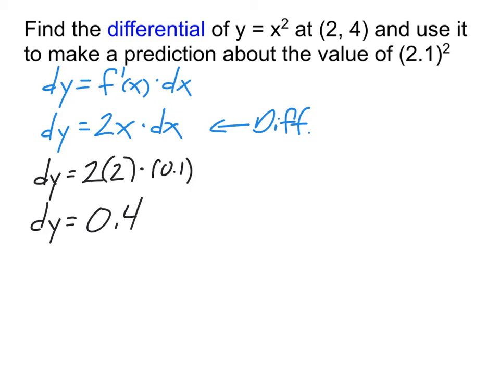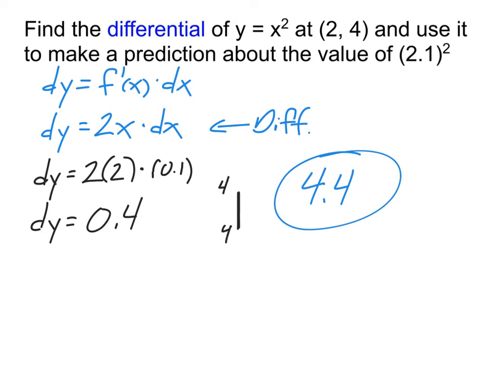So what? Do you see what that actually tells us? Because think back, remember when we did this problem before? It said estimate the value of 2.1 squared. We got an answer of 4.4. I see some similarities, but we did not get the same thing. Why is that? Because remember what dy means. dy is that vertical distance between the original y value and my estimate.